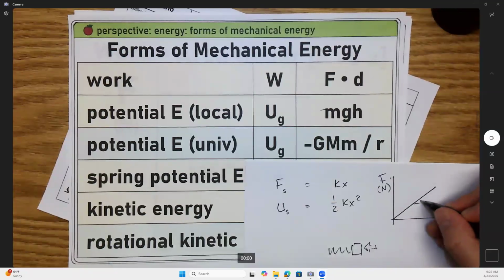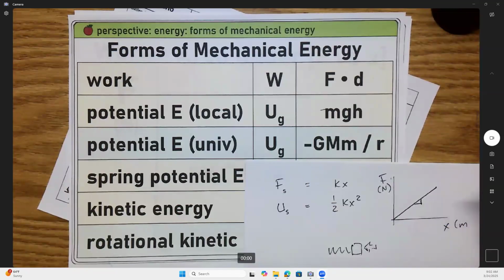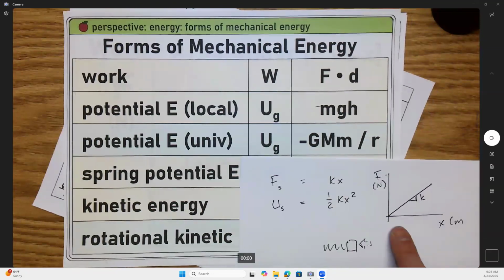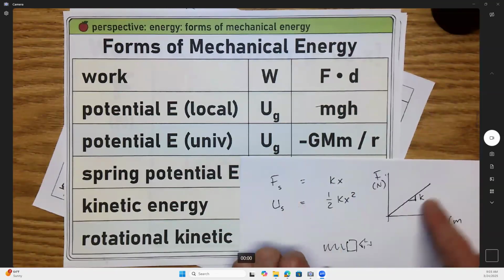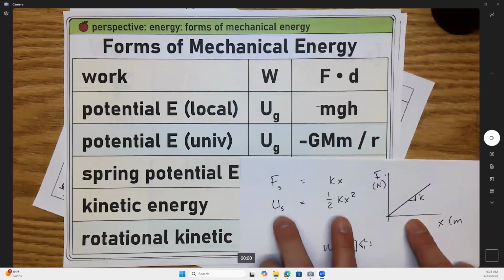So, guys, what's the slope of this line equal to? k. Yeah, that's the spring constant. The more you press at x, the more force it takes, or the more it pushes back. If you're talking about restoring force, you throw a negative. That's what law? Hooke's law. Hooke's law.